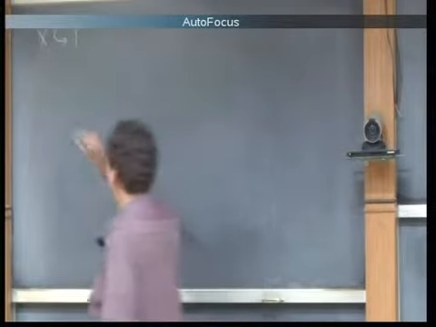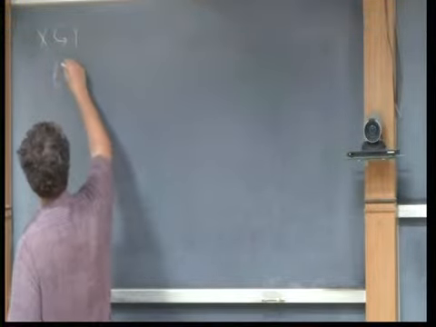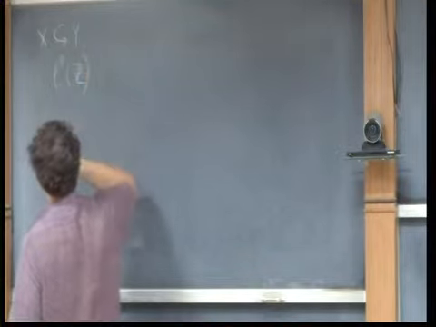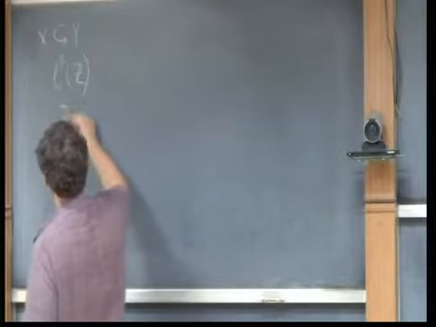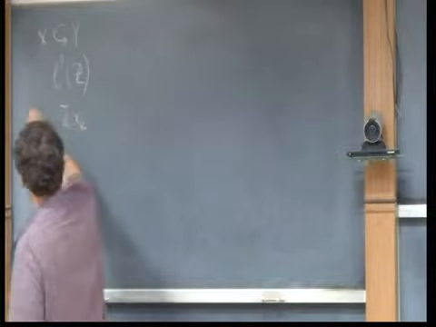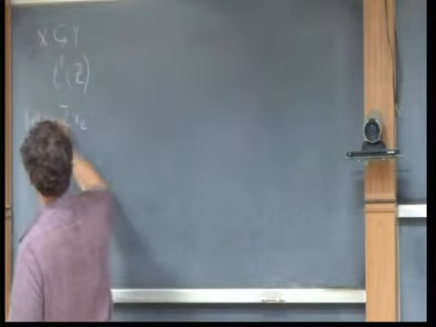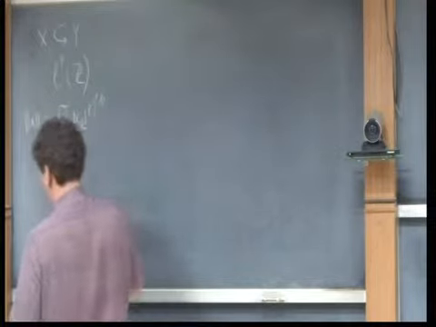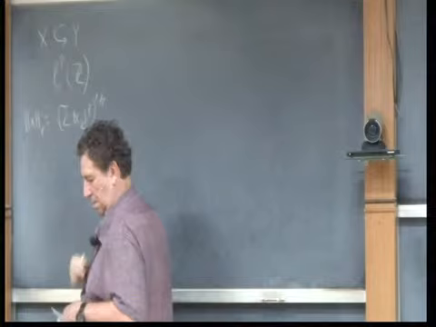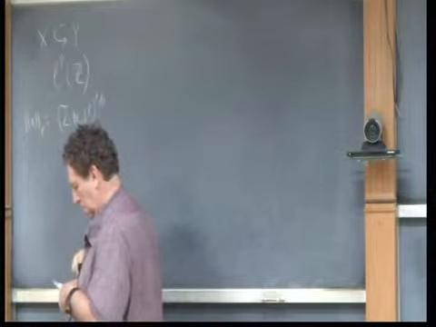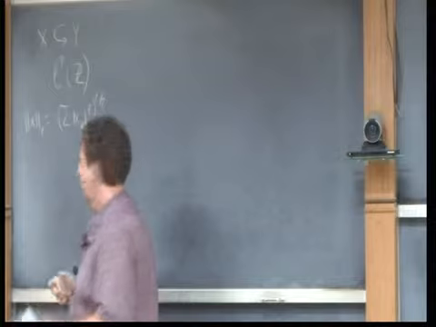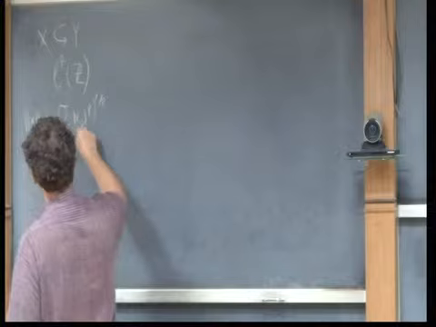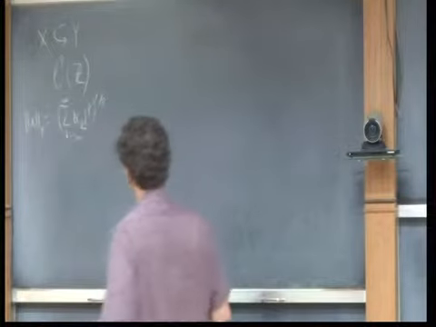So I will start with illustrating it with the embedding of ℓ^p, small p, of integers. The norm of x is the sum of |x_k| to the power p, to the power 1 over p, k from minus infinity to infinity.